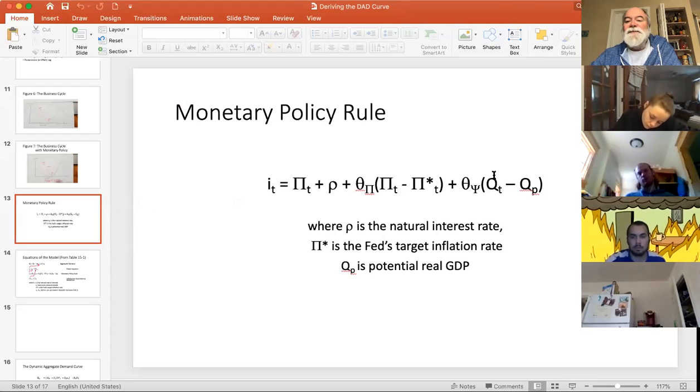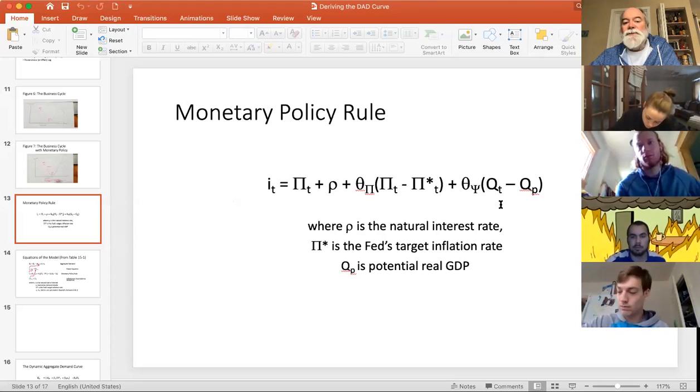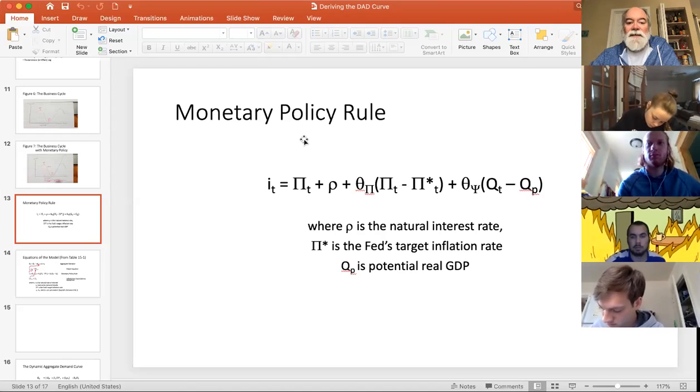Okay, the last thing. Suppose GDP falls below potential. What is the Fed going to do to interest rates? Decrease them? Yes. When GDP falls below potential, the Fed wants to speed up the economy. And so they do that by lowering the nominal interest rate.